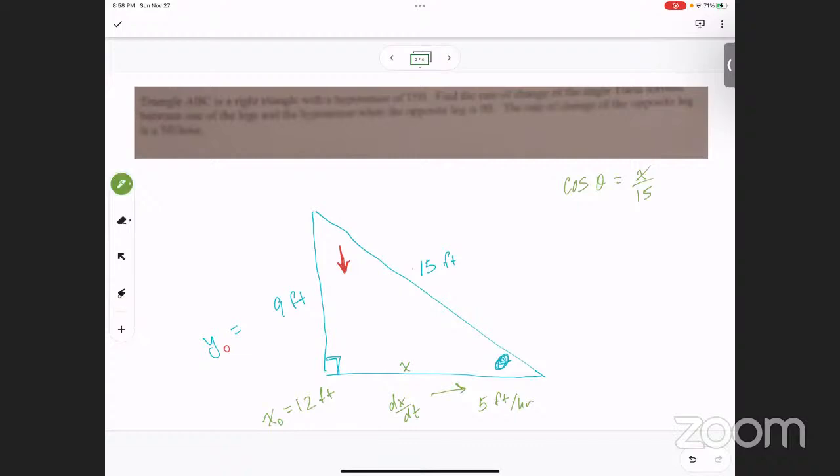So here's my formula. And so we can take the derivative of both sides, with respect to time.